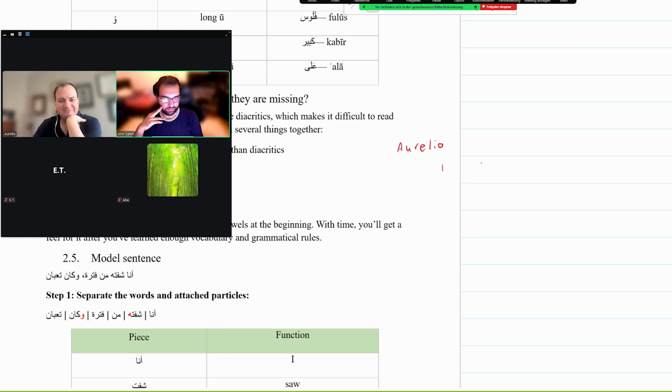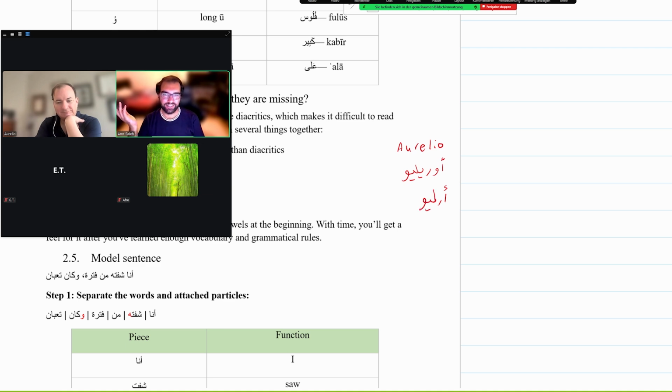I would write O. So basically every single vowel was written down. Because if I write it normally, I would write it like this. If I write it down like this, you don't really know how to pronounce it.